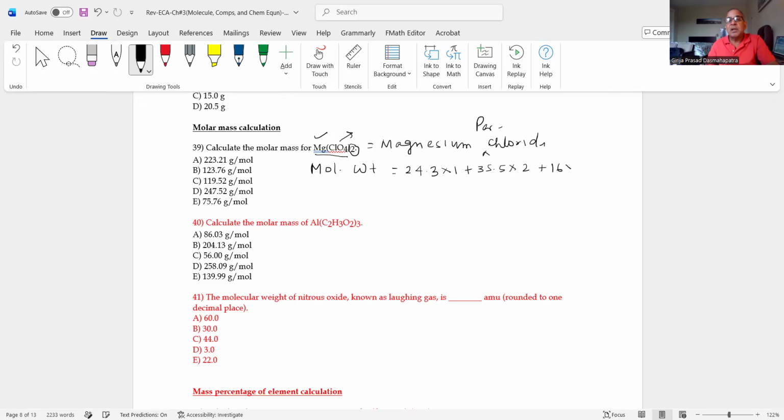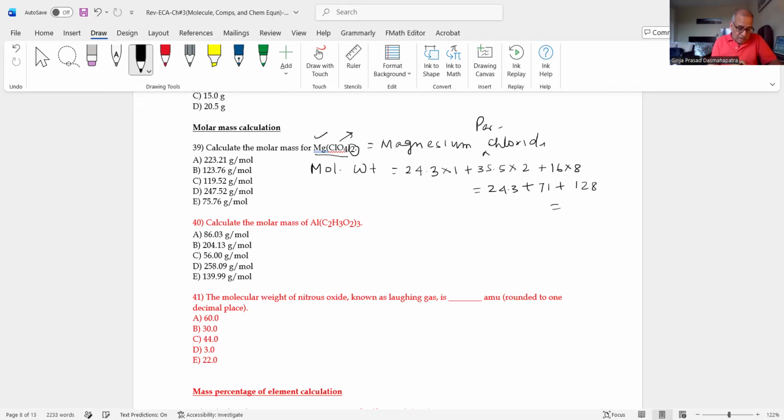If you add them together, that is what gives you the molecular weight of the compound. So it is 24.3 plus 71 plus 128.